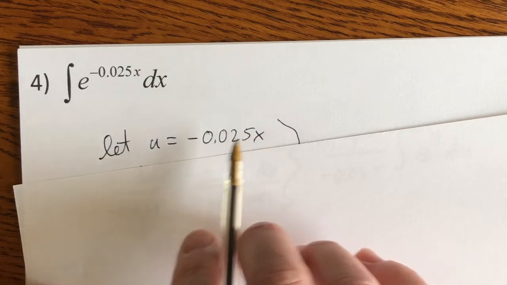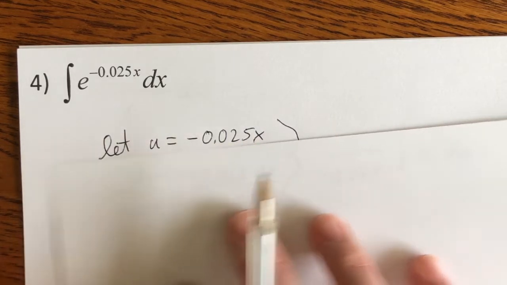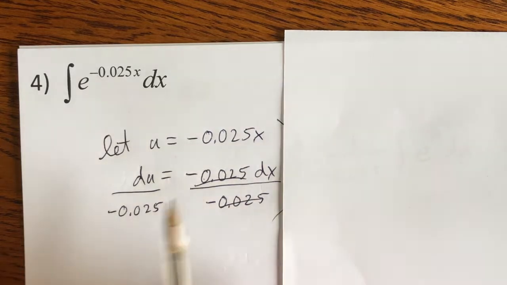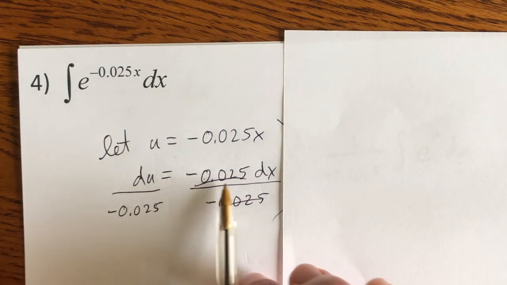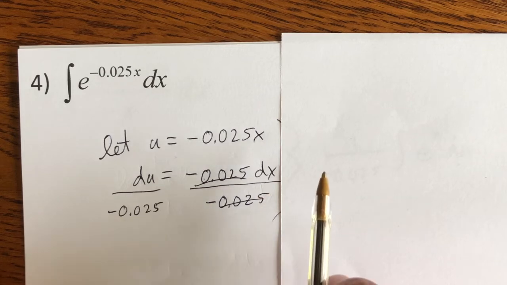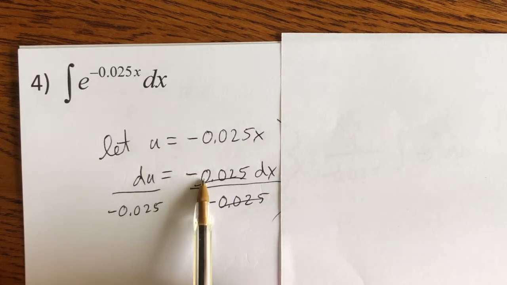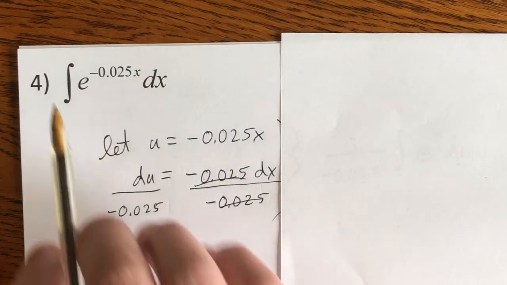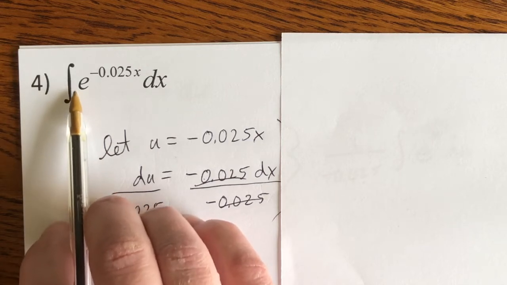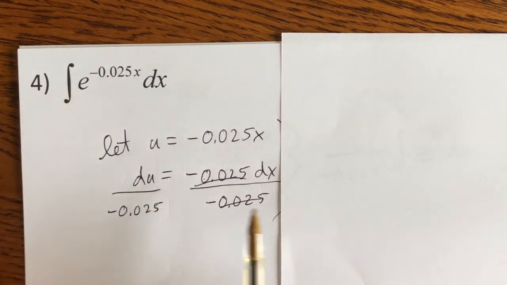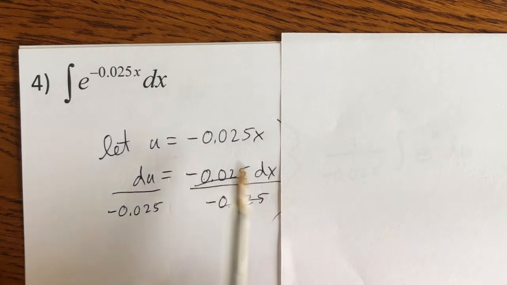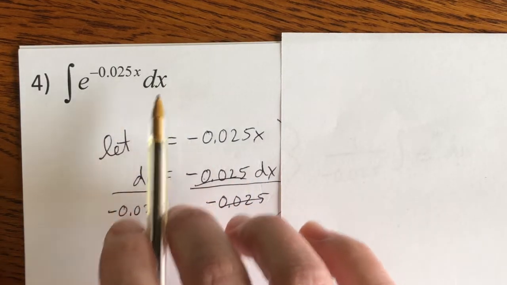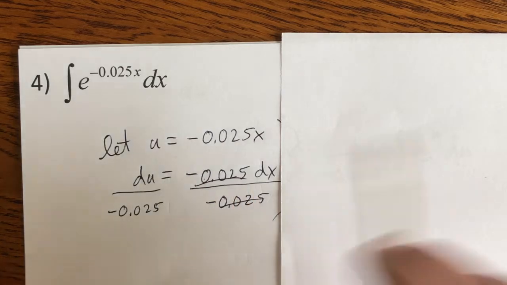And after you've done that, you're going to take the derivative of both sides, giving you du equaling negative 0.025 dx. Because you don't have a negative 0.025 right here in front of this e in your original integral, you want to divide both sides by that value to get dx alone, because dx is alone in our original integral.